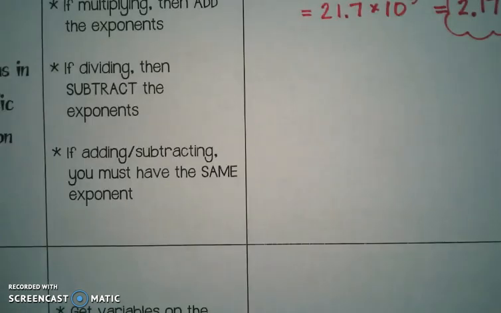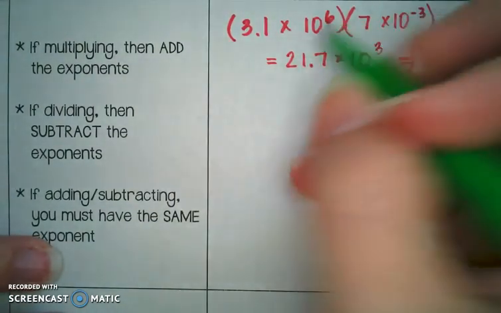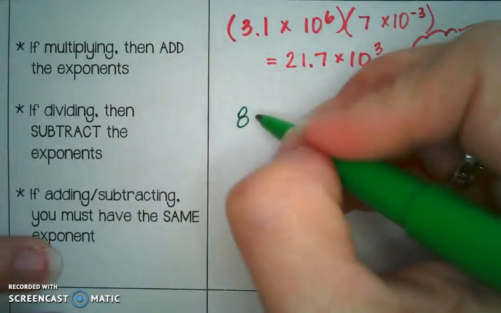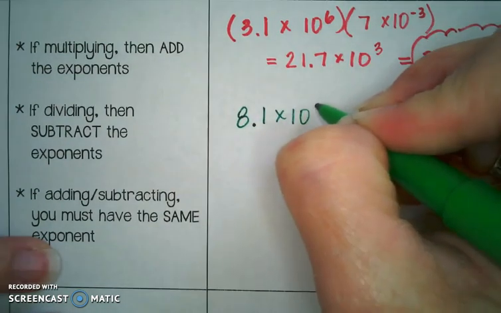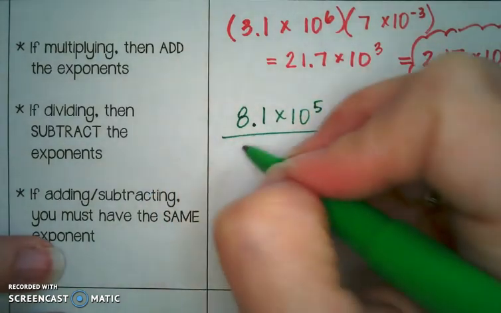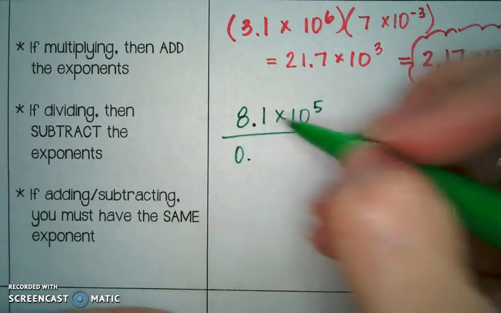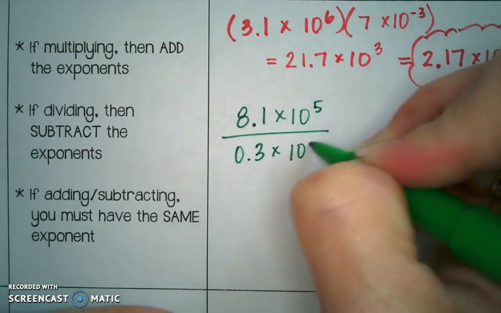All right, let's try dividing. Let's say we had 8.1 times 10 to the 5th, and we're dividing by 0.3 times 10 to the negative 2nd.